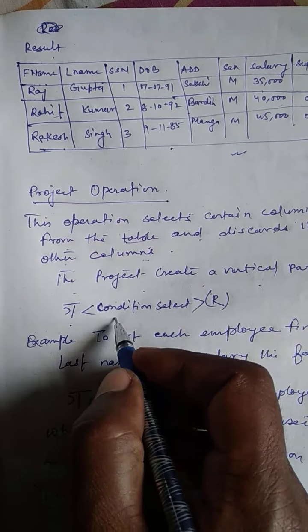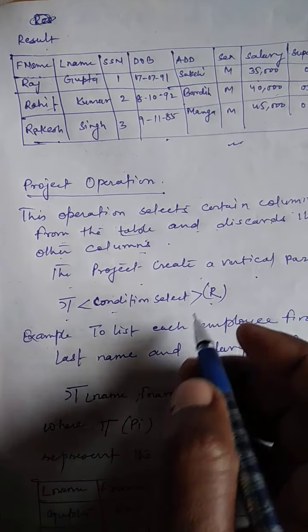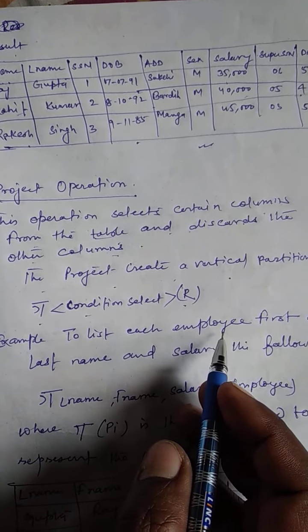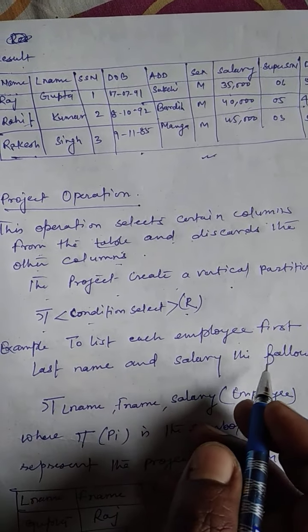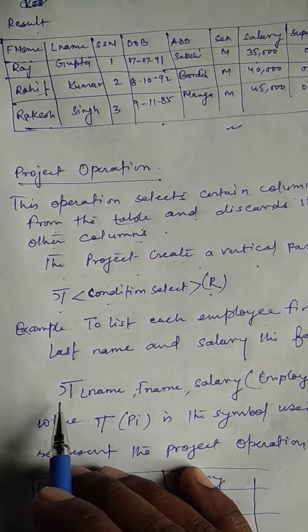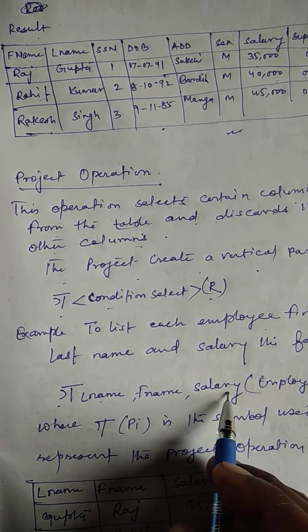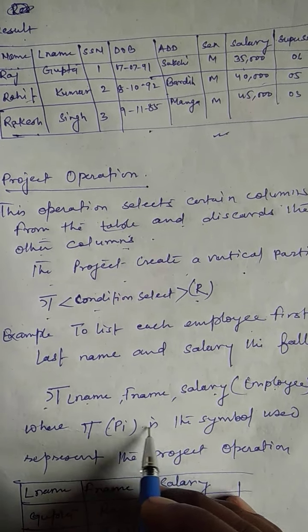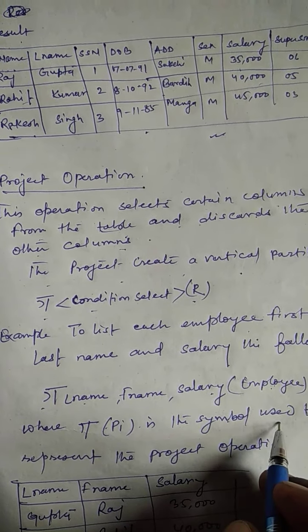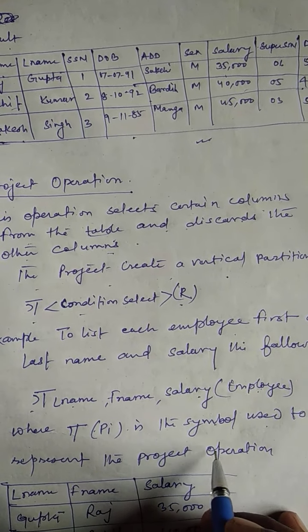For example, list each employee's first and last name and salary. Pi last name, first name, salary on the employee relation, where pi is the symbol used to represent the project operation.